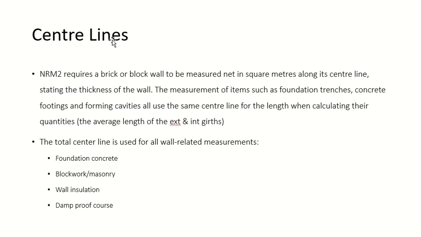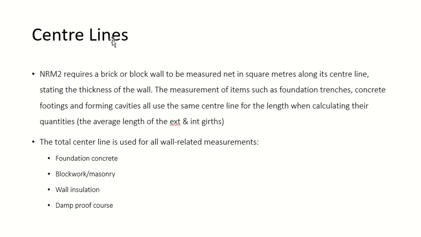They have given some examples here for foundation trenches, for concrete footings, for forming cavities, and so on. Cavity is like the space between two walls, given for energy saving. You have one wall, then a small gap, then the other wall, so it has less effect from the outside because of the gap.